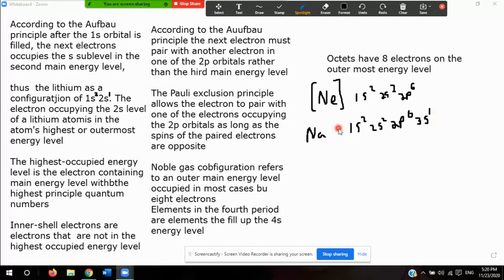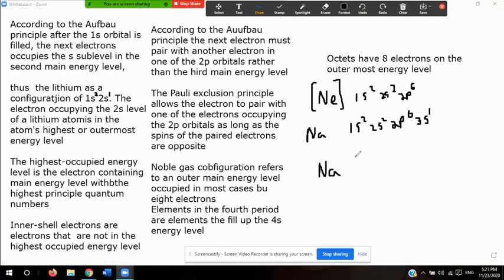So what we do is, instead of writing this, let's say I want the electron configuration for sodium. Instead of writing 1s2, 2s2, 2p6, 3s1, especially when we start working with those third and fourth period elements, which can be quite confusing, we'll look for the noble gas that has the similar electron configuration. In this case, it's neon, because neon has 10 electrons and sodium has 11.